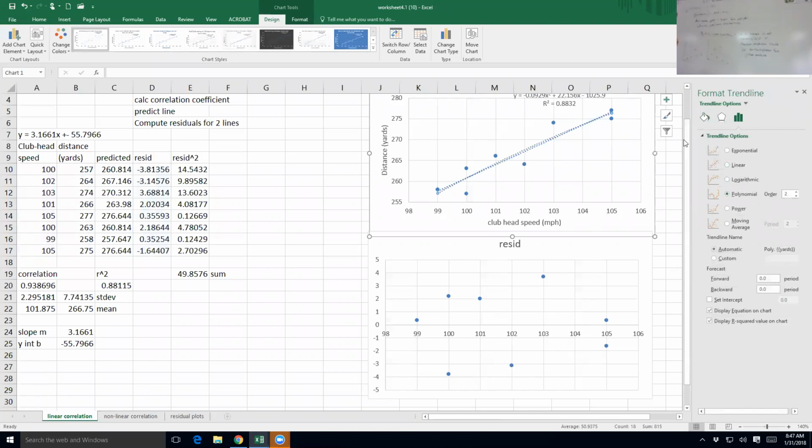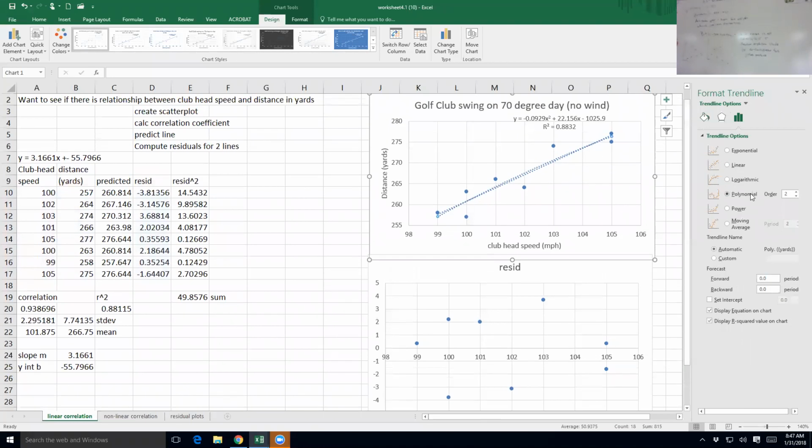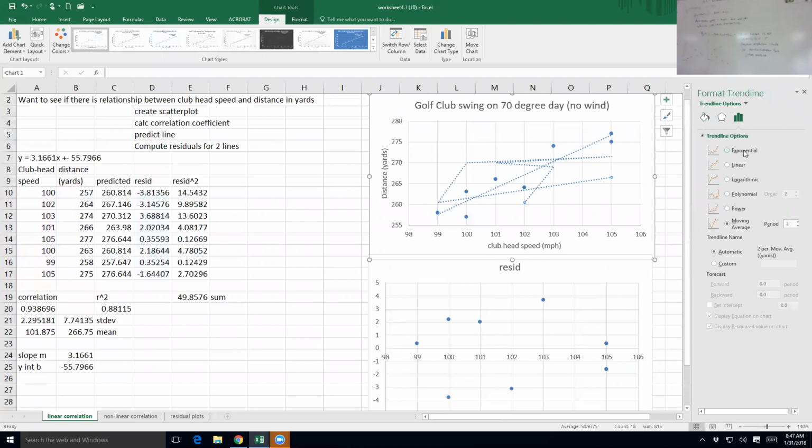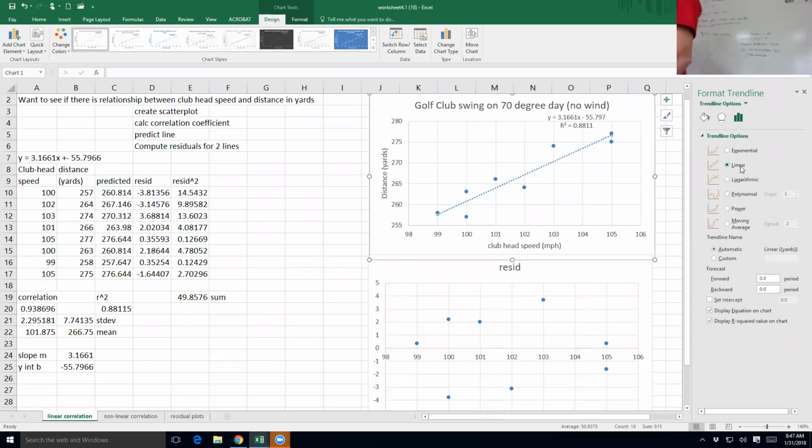You can see this equation changes every time I change this. We could do power, moving average. All of these have different R squared values. We only care about linear for the purpose of this class, but you can see that there are other types of regression. So that's all I'm trying to say.